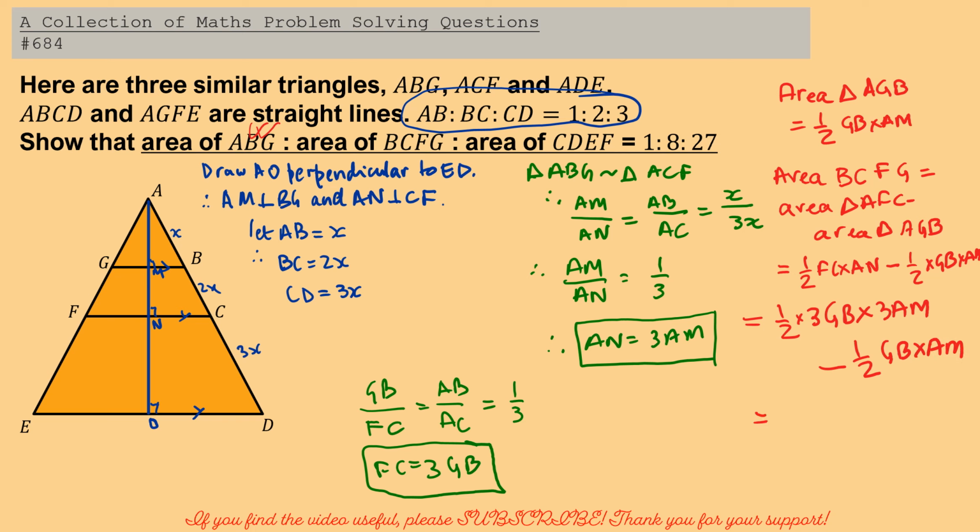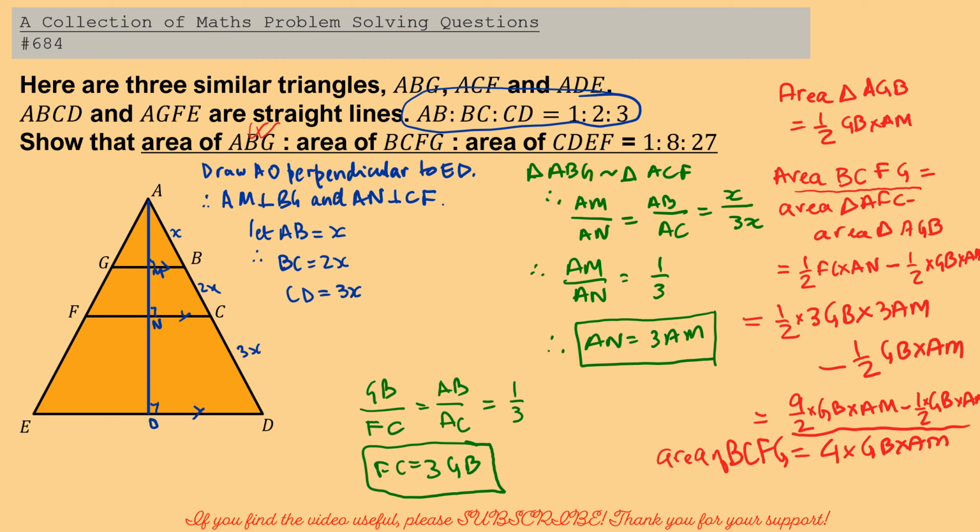So that equals 3 times 3, 9 out of 2, times GB times AM minus half GB times AM, that is 8 out of 2, and that is 4 times GB times AM. So that is the area of BCFG.